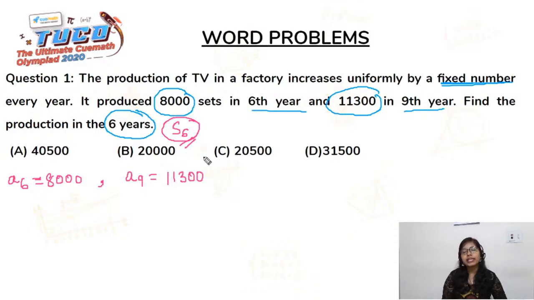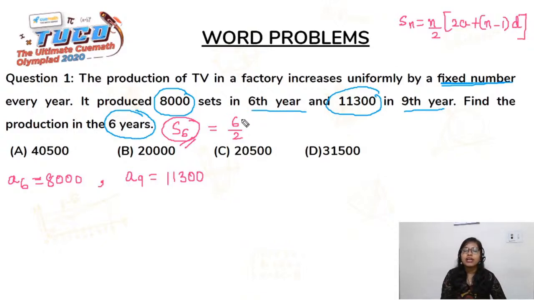Let me write down the formula here quickly: Sn is equal to n over 2 times 2a plus n minus 1 into d. We have the value of n, which is 6, and we do not have the value of a, neither do we have the value of d. So we have to figure out the values of a and d, which would help us calculate the value of S6.